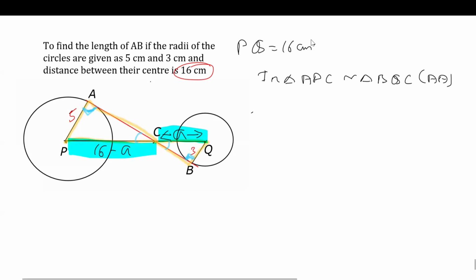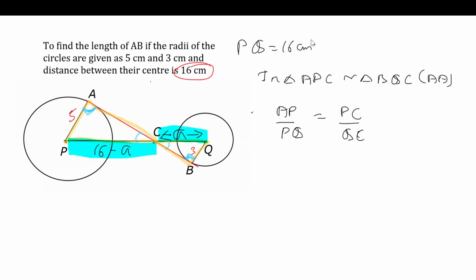Now, since the triangles are similar, I can write their sides proportional. So I'll use the similarity corresponding sides. AP corresponds to PQ. So AP over PQ is equal to, we need PC, right? So this is last two letters, that is PC corresponds to QC.